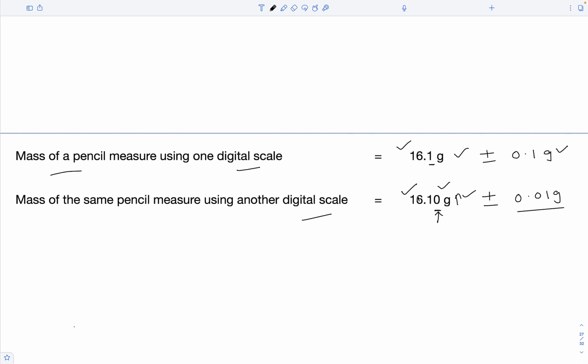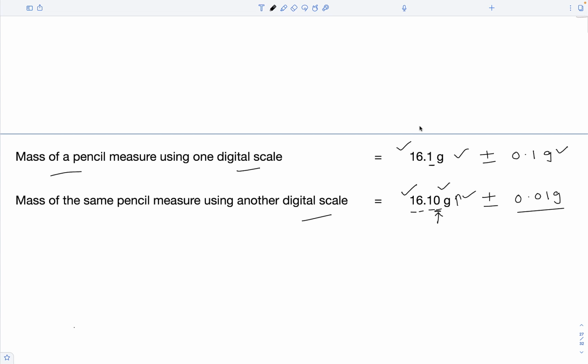So, by looking at these two measurements, we understand that if there are more digits in the measurement, it is more precise. Then the obvious question is, if more digits mean more precision, does every digit present in the measurement contribute to the precision of the measurement?